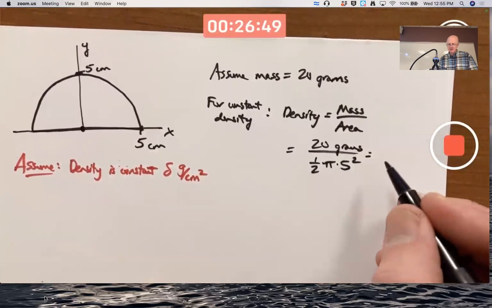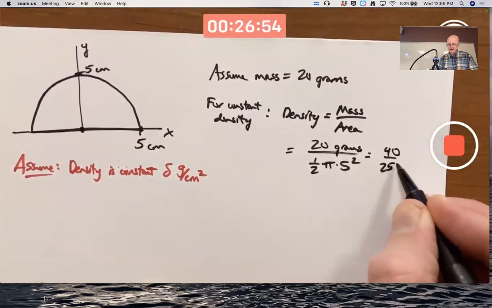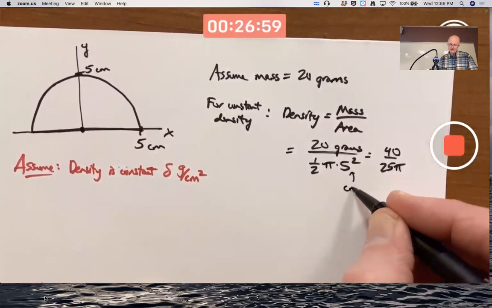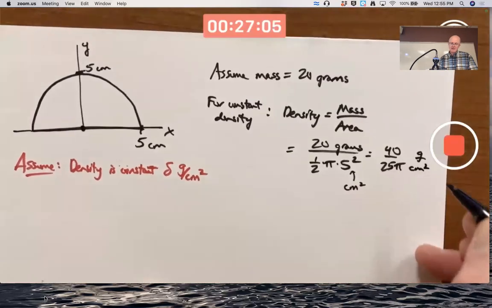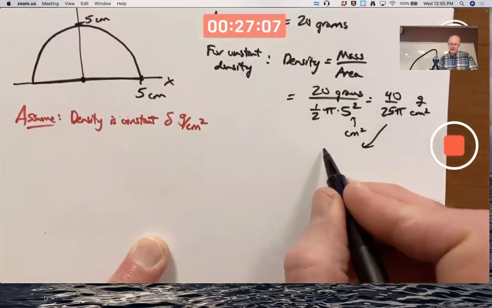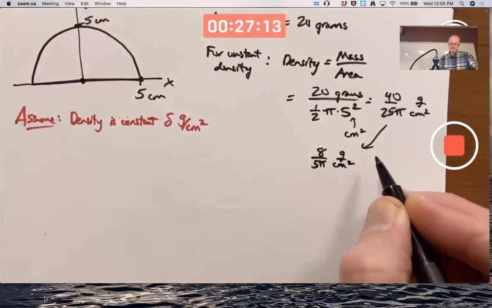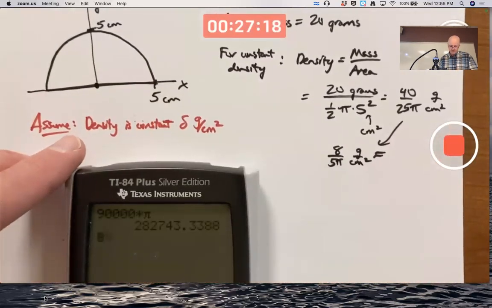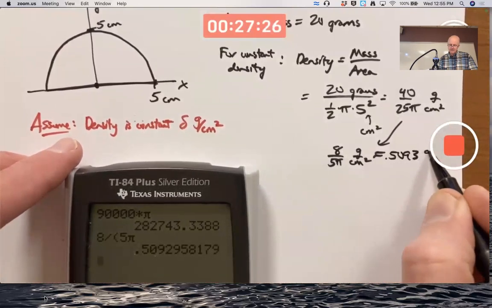Dividing by 1/2 is the same as multiplying by 2, so I get 40 over 25 pi. And by the way, the units for the bottom would be square centimeters. This would be in grams per square centimeter, and you can simplify that to 8 over 5 pi grams per square centimeter, and then we could approximate it. Eight divided by 5 pi is about 0.5093 grams per square centimeter.